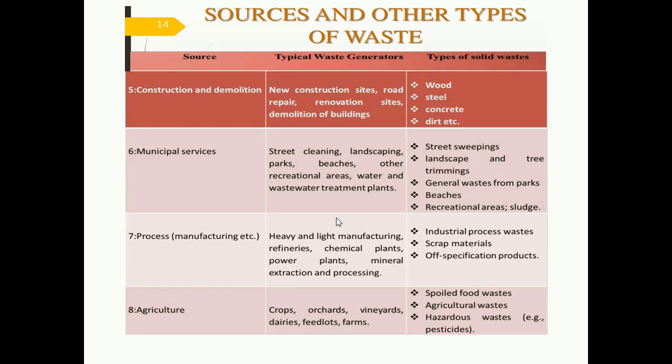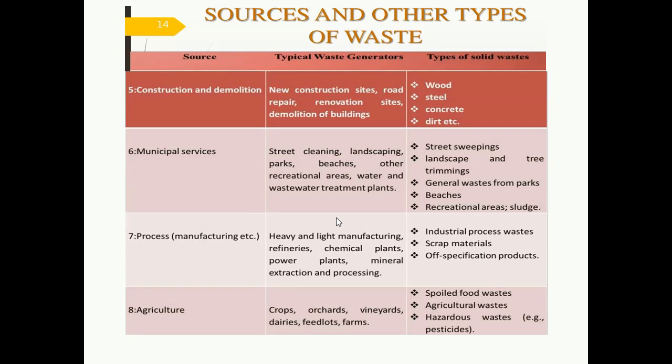Next source, the seventh one, is process. The source is the manufacturing areas. Here the typical waste generators are heavy and light manufacturing, refineries, chemical plants, power plants, mineral extraction and processing.